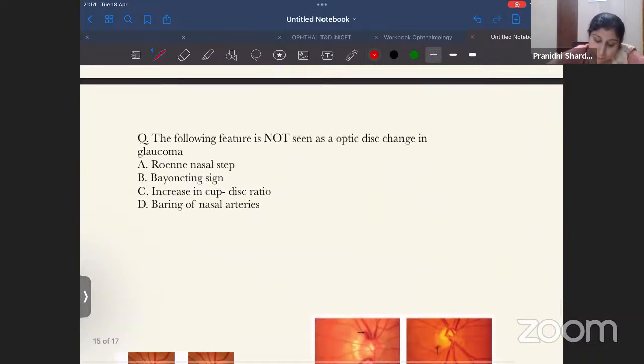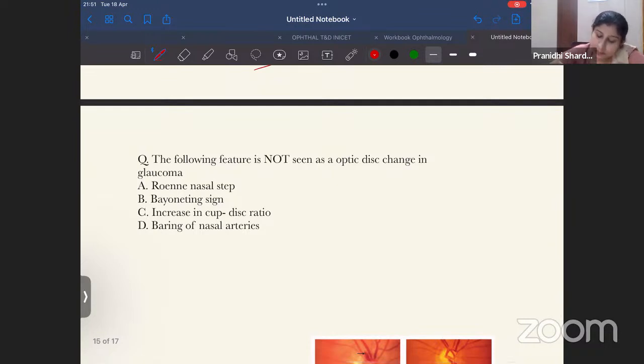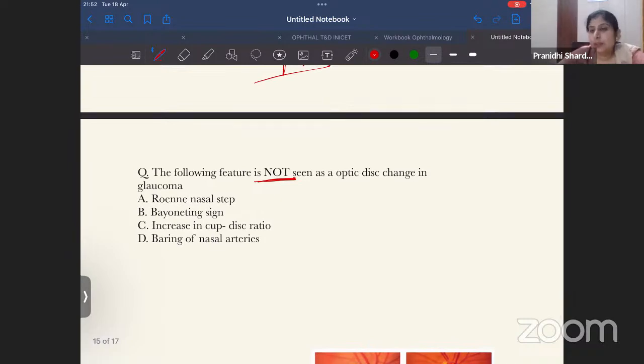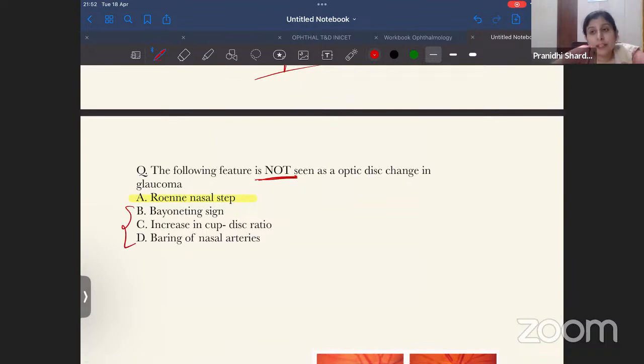Next: the following feature is not seen as an optic disc change in glaucoma. The options are Rønne's nasal step, bayoneting sign, increase in cup disc ratio, and bearing of the nasal artery. If we have studied glaucoma by heart, we need not go into the details of the question. We know the answer is Rønne's nasal step, because all the others are optic disc changes.